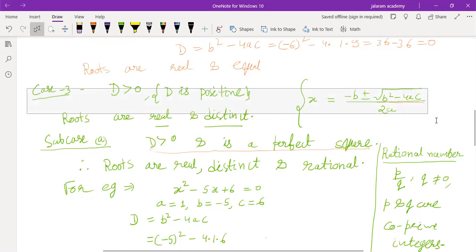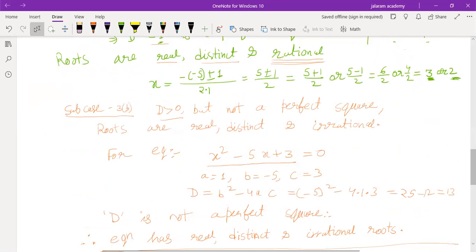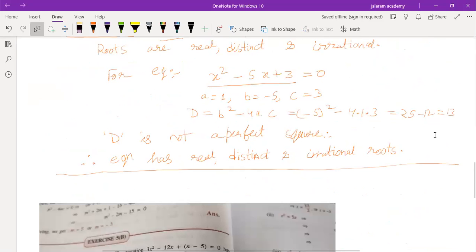And if we combine case 2 and case 3, we get: if the discriminant is greater than 0, then roots are real. In case 2, we have studied that when the discriminant equals 0, roots are real and equal. And in case 3, when the discriminant is greater than 0, roots are real and distinct. So on combining, write one more condition, a special note.